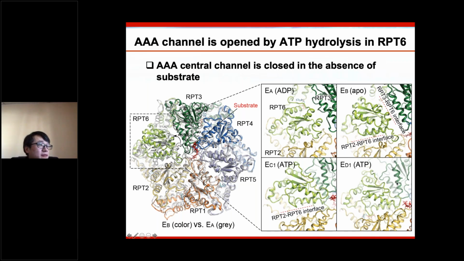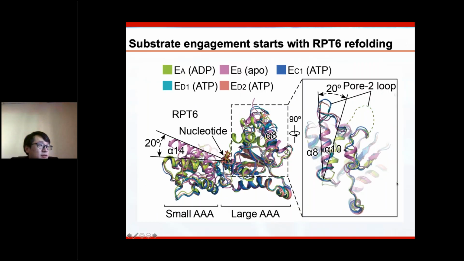If you look even closer at the RPT6 structure, there's a noticeable refolding. As you can see, that dashed green curve corresponds to an ordered structure which is well resolved in the EB state, but in EA this dashed segment of the structure is disordered.